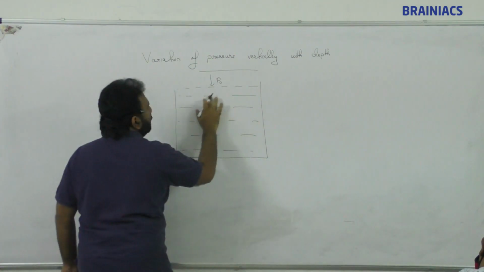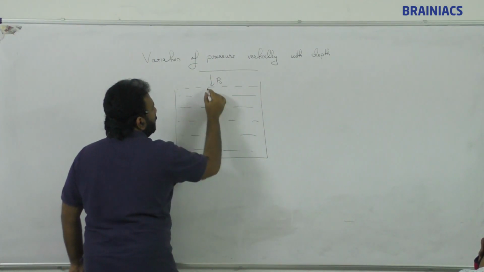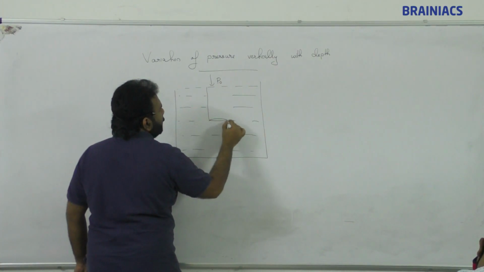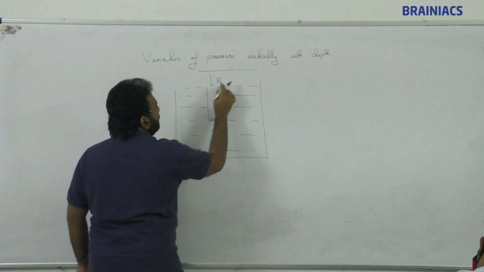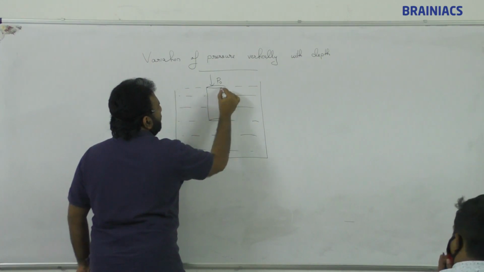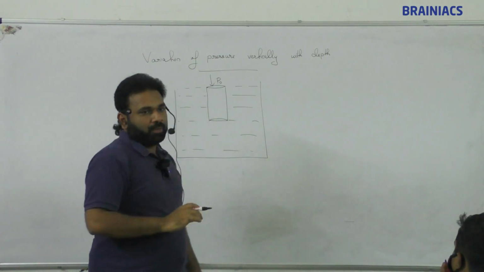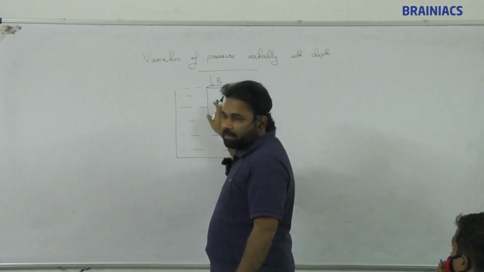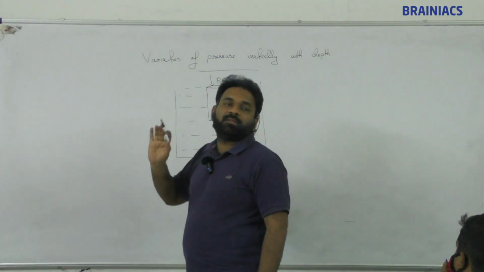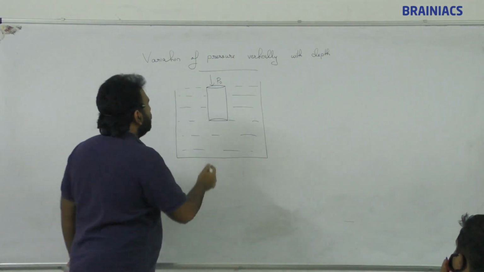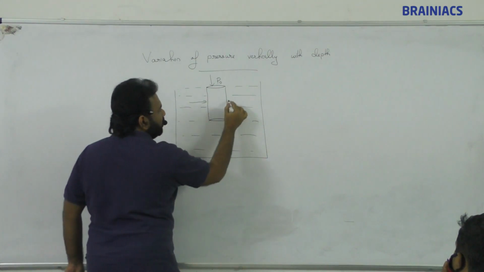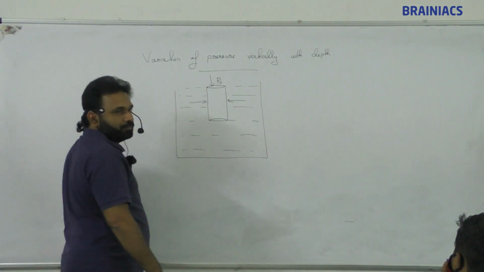Suppose we consider a liquid column. Just to help you understand, the liquid is not separately standing like this, but we are considering a liquid column. Then you could understand that whatever force acts in this direction, the same force acts from the other direction also.